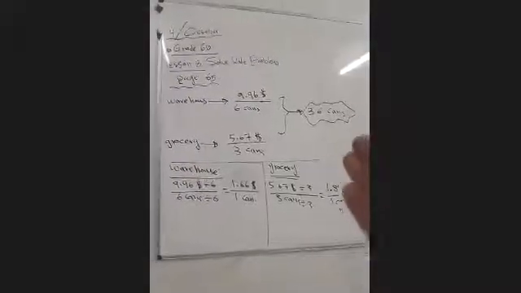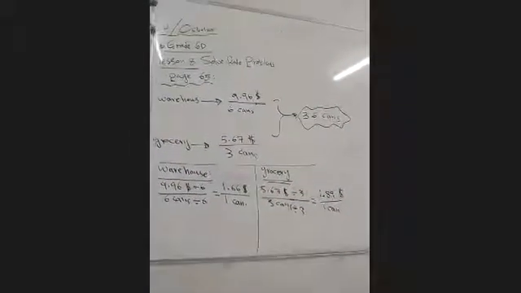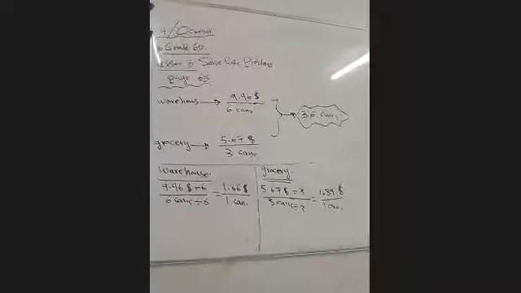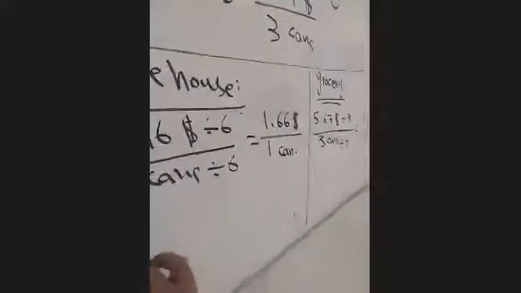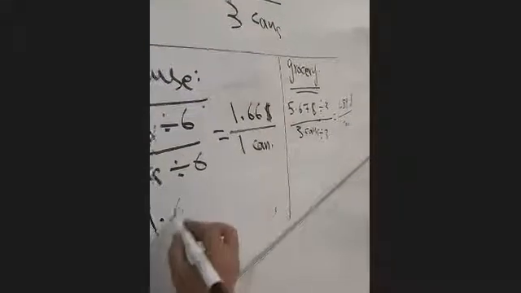Yusuf Hamza, yalla. Yes, mister. How will I know the price of the 36 cans in the warehouse store? Now 1 can in the warehouse equals 1.66. But for 36 cans, what will we do? Multiply the 36 cans with 1.66. Excellent boy. So 36 multiply 1.66.